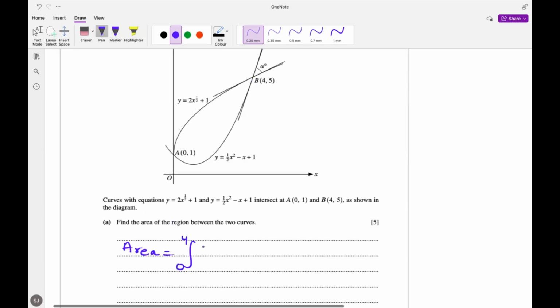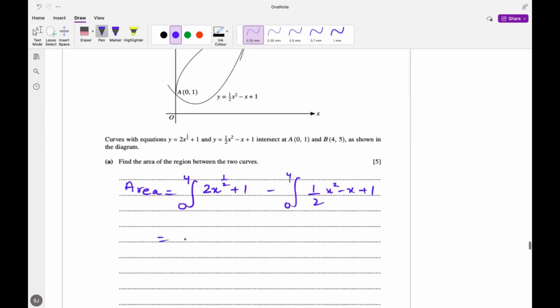The upper curve is 2x to the power 1 upon 2 plus 1, and we subtract from it the curve with the equation half x squared minus x plus 1. So integrating 2x to the power half, that will become 2x to the power 3 upon 2 divided by 3 upon 2, plus 1, and integrating 1 will become x.